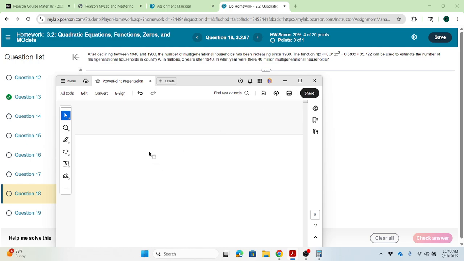The number of households is in the form of a quadratic function.